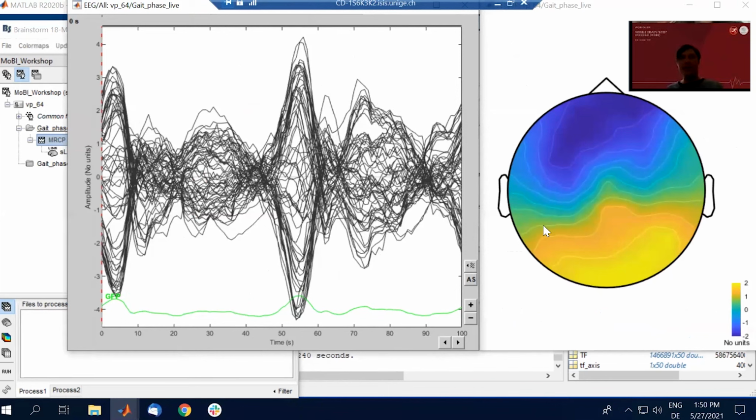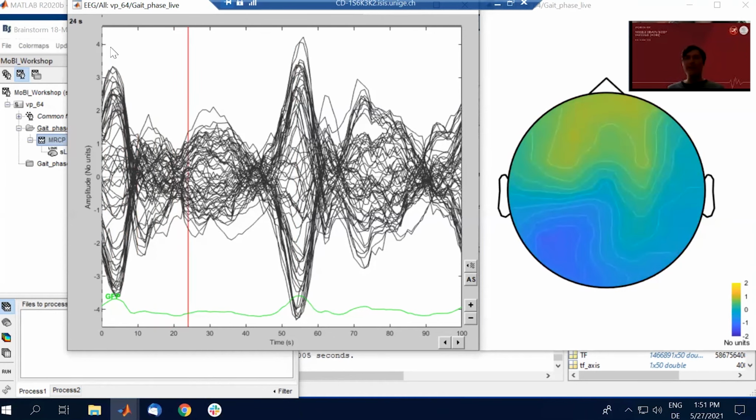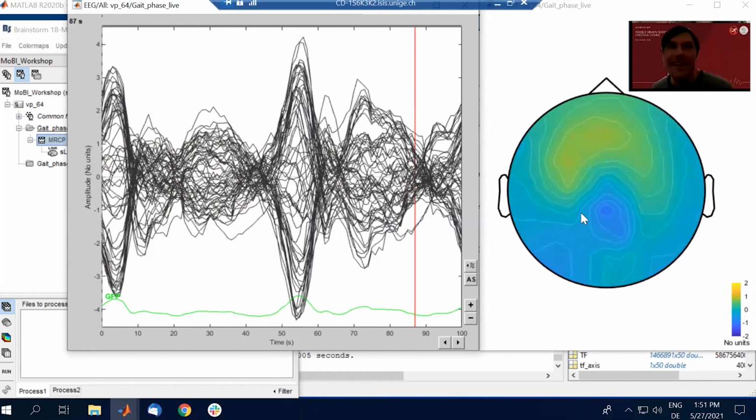If we look at these huge fluctuations, we can see very strong activity in the back. We can also scroll through time using the cursor, which is quite informative. If I have something that looks like an artifact, then I have something that looks interesting, because this seems to be central activity again.